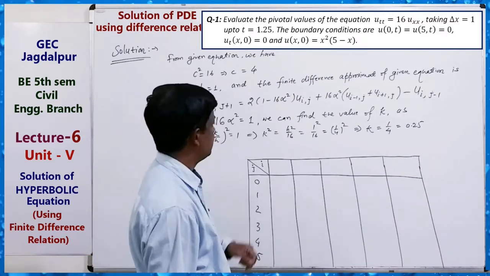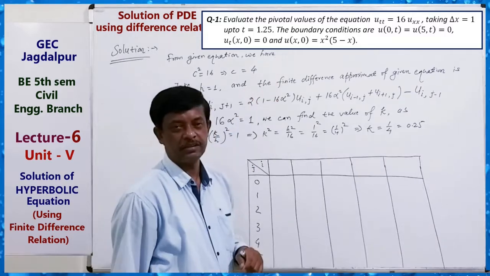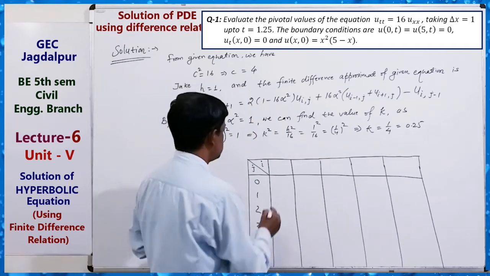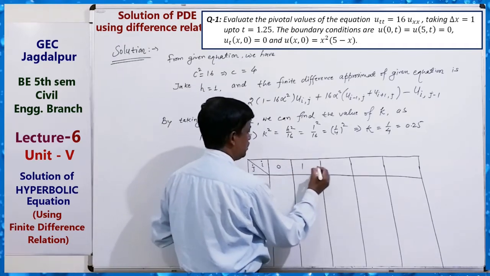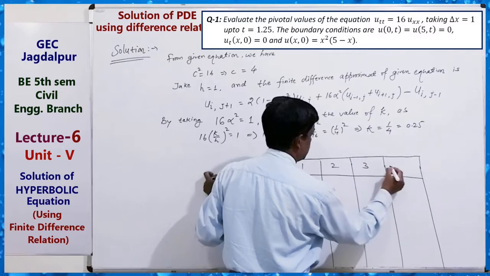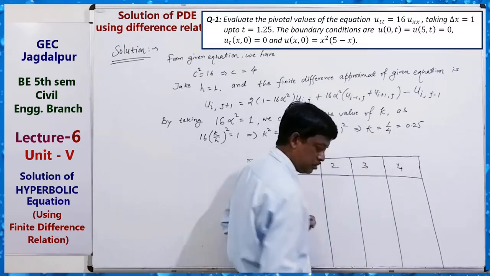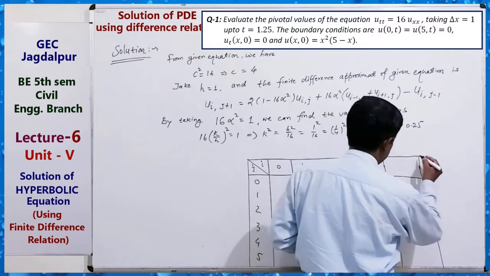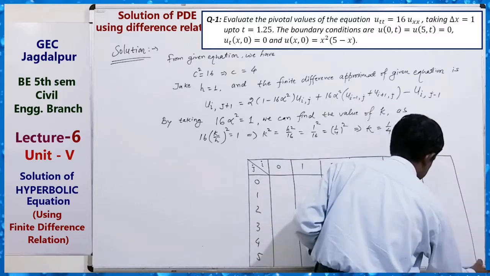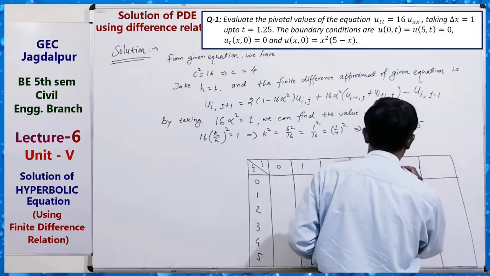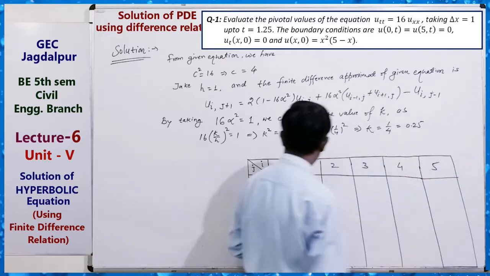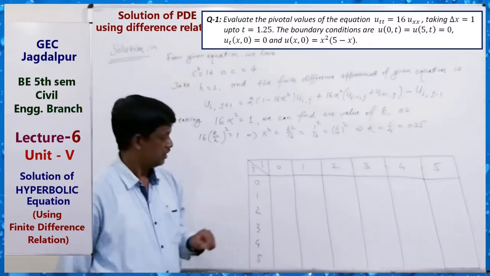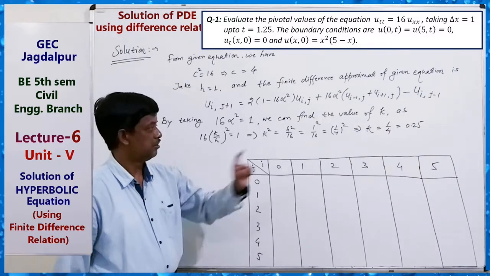And i, that is x, from the boundary condition, is 0 to 5: 0, 1, 2, 3, 4 and 5 also. So these are the values of x, that is i, and j, 0 to 5. k equals 0.5.